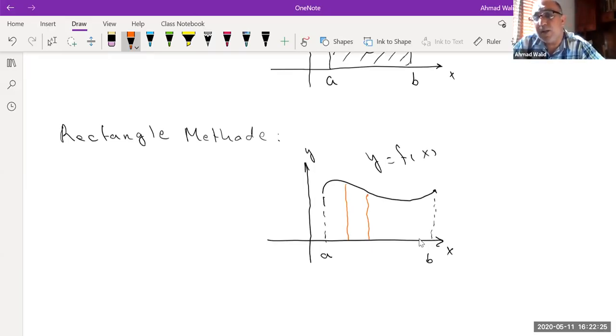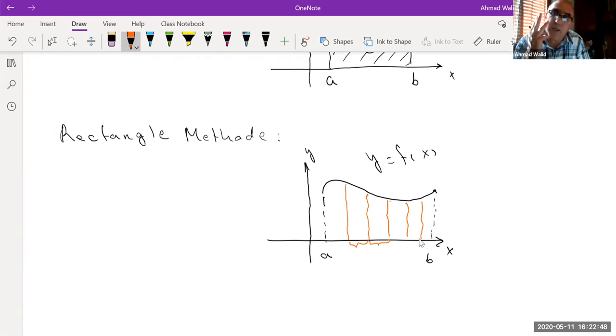Why do we divide into equal rectangles? Because it's easy to calculate, correct? Mine is not equal, definitely, my hand is shaking, but it means this portion and this portion are equal. All of them are equal.